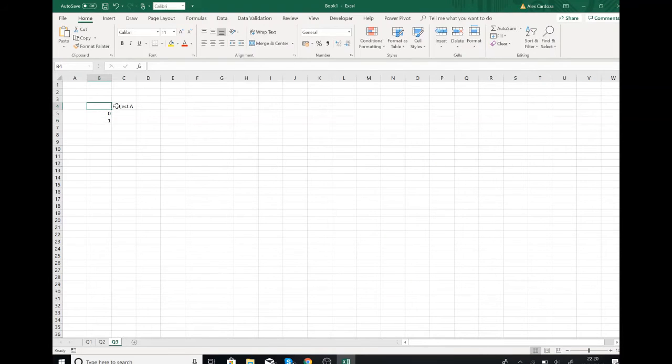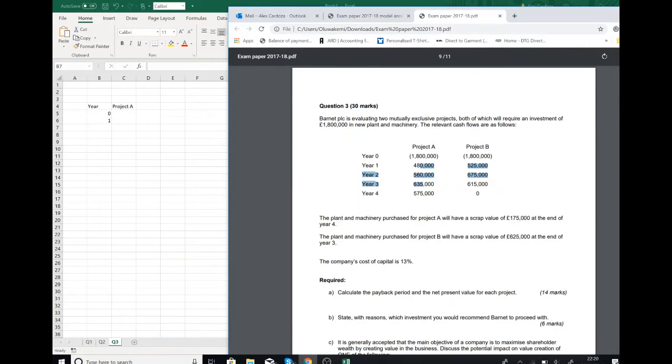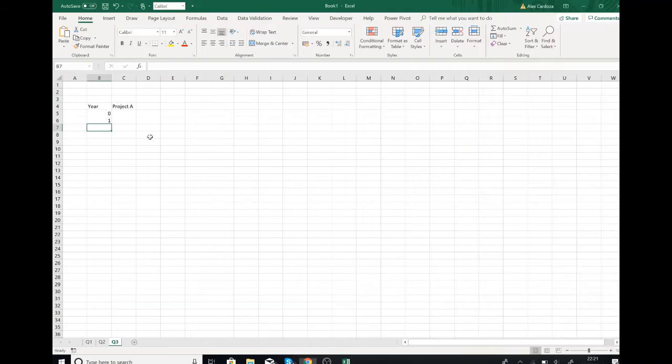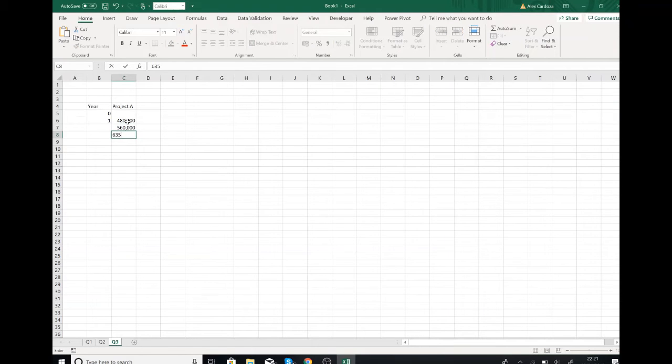This will be the year. You can lay it out diagonally. I'll just see if I can copy it straight down. Probably won't let me again. No, I don't think so. So we'll do 480,000, 560,000, 635,000, and then 575,000, and that's 234.